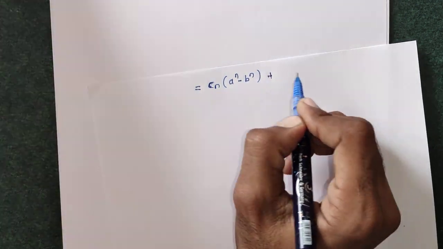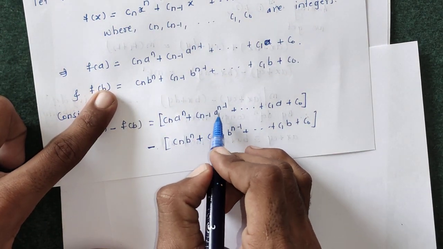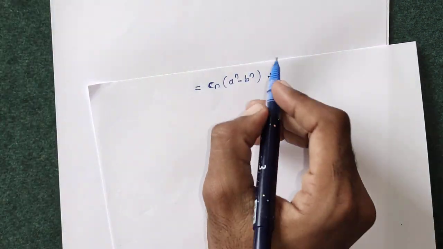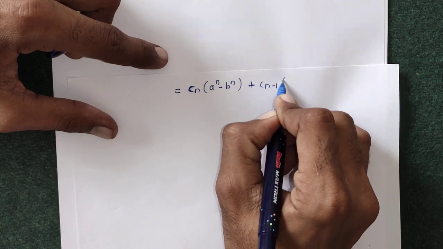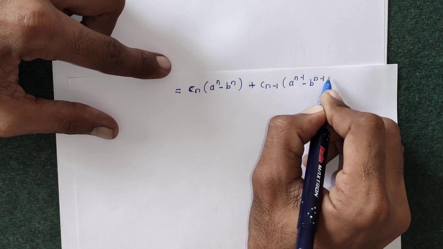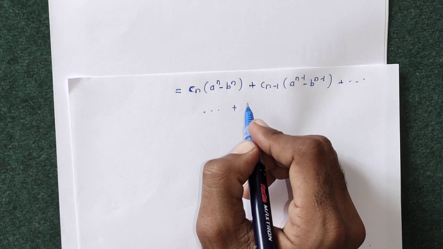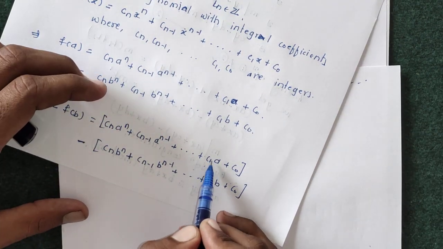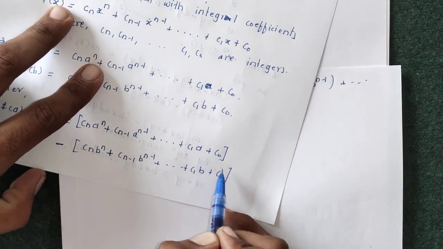Now plus, in the second step we are going to take cn minus 1 common, so it remains a raised to n minus 1 minus b raised to n minus 1. So the next step gives us cn minus 1 into a raised to n minus 1 minus b raised to n minus 1 plus up to, in the last second step we are going to take c1 common, so taking c1 common it remains a minus b, and in the last step c naught into 1.